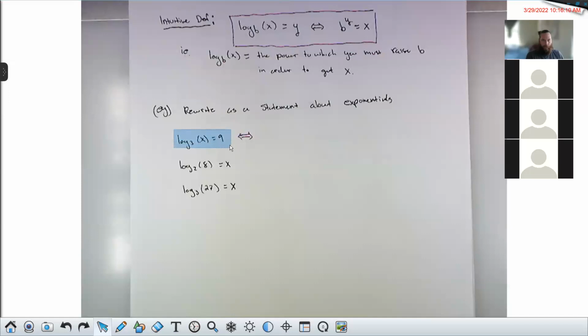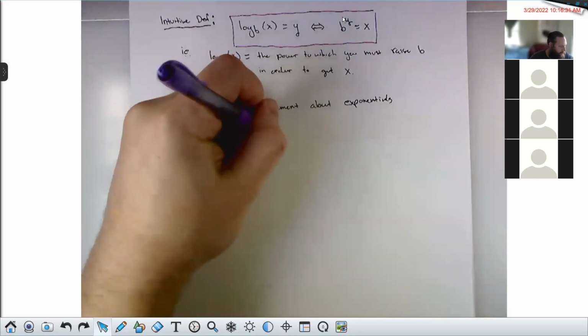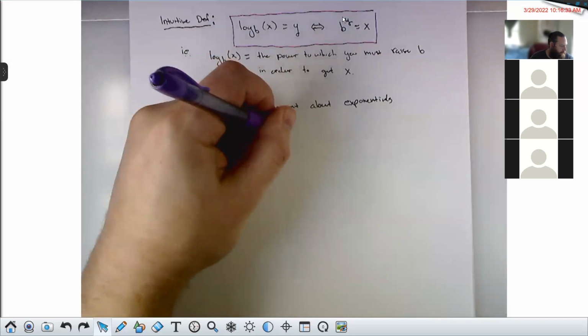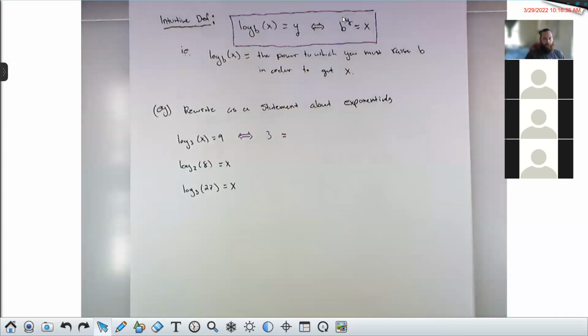Anybody help me put this into a form that's like b to some power equals something? What is b here? What is the base we're discussing? 3. 3, right? So when you're talking about logarithms, the base is always this little number down here, the subscript. So this says 3 to some power equals something. What's the power on the left-hand side? 3 to what power?